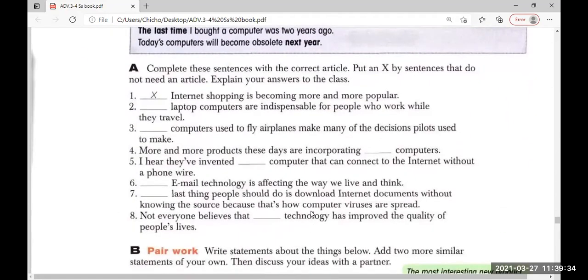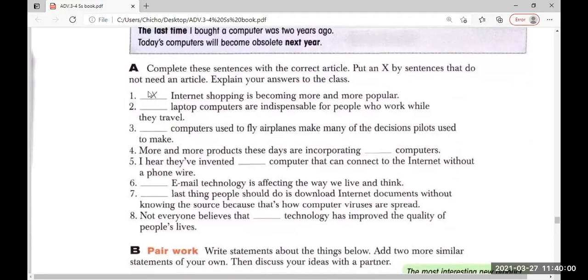Let's see here. We have some sentences, and I want you to tell me what kind of articles can you use in these sentences, okay? And why? The most important thing I want to know in these sentences are the reasons why you are choosing this article, or if you are not choosing an article, why, okay?